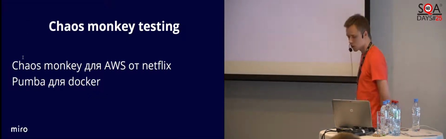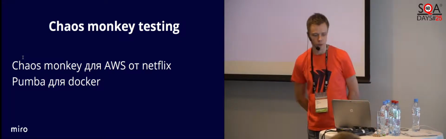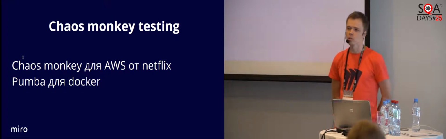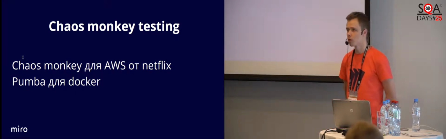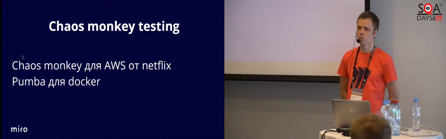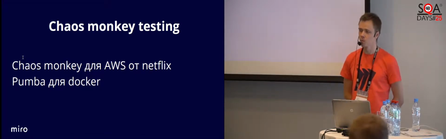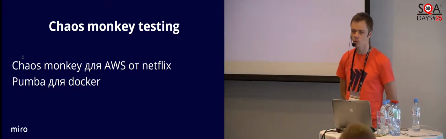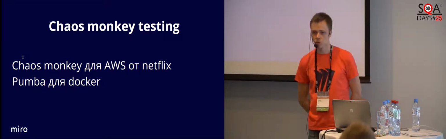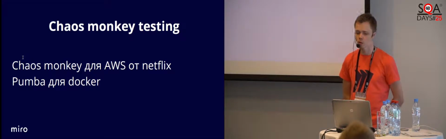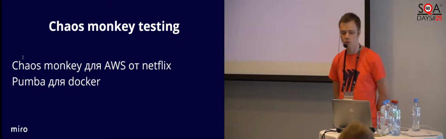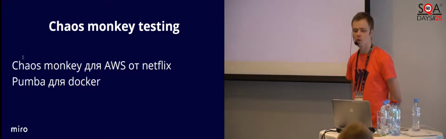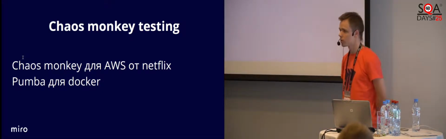And there are various investigation tests or research tests where, for example, if one of the instances fails at Amazon, then we can check other services and whether they can be balanced, whether the service can survive, or whether it's possible to suddenly redirect the queries.